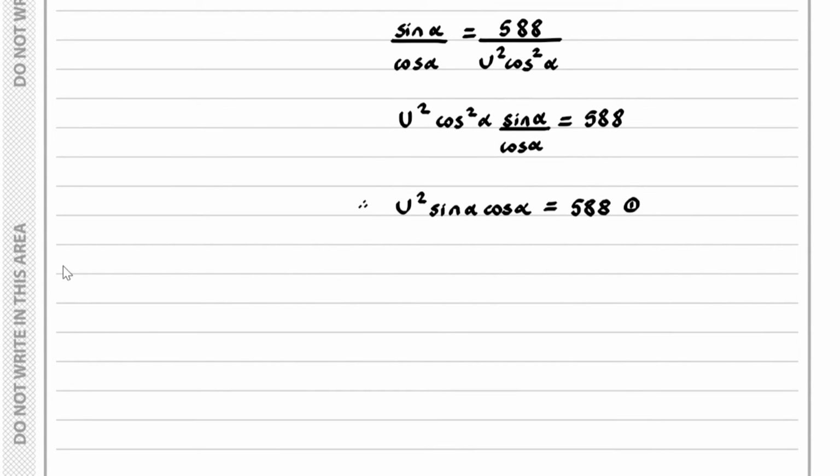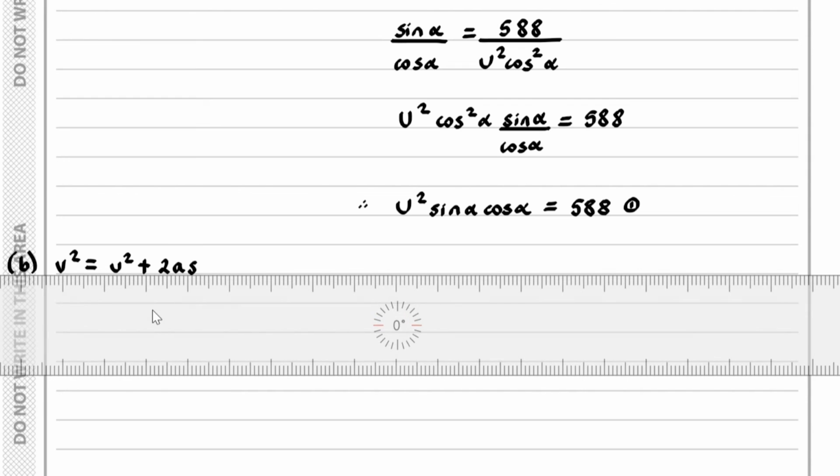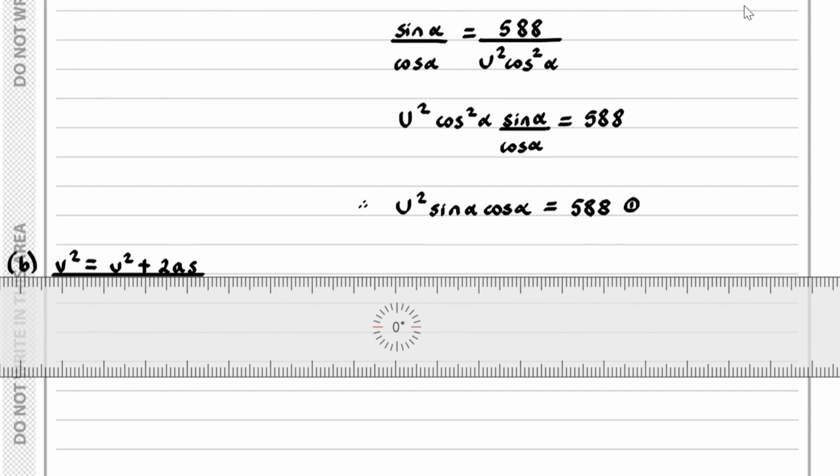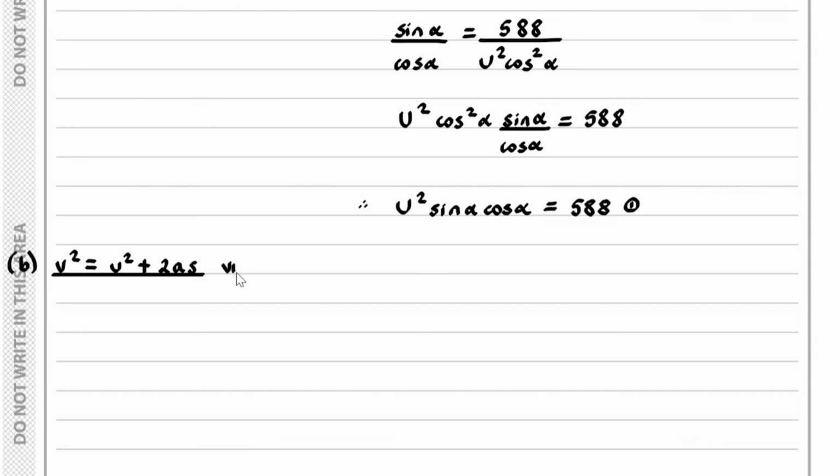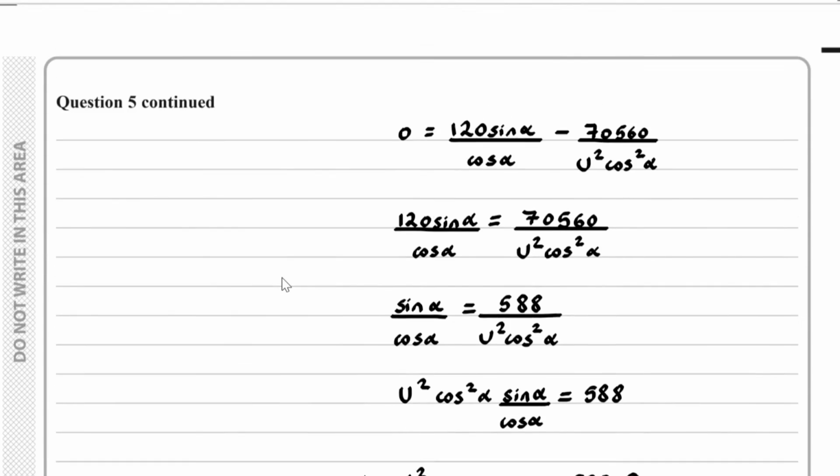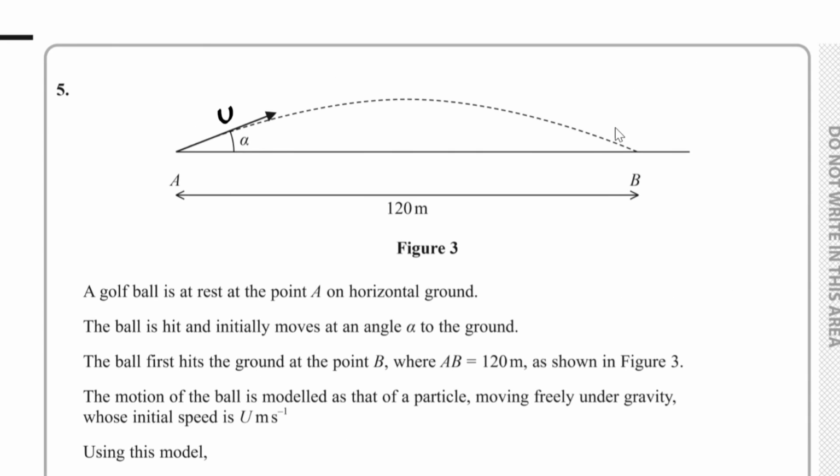So, if we consider this vertically, well, we don't know what the speed is as it hits the ground, but we know that at this maximum height, the speed is 0.